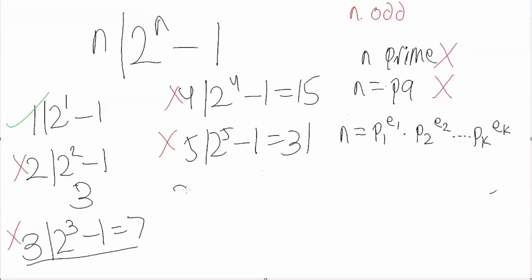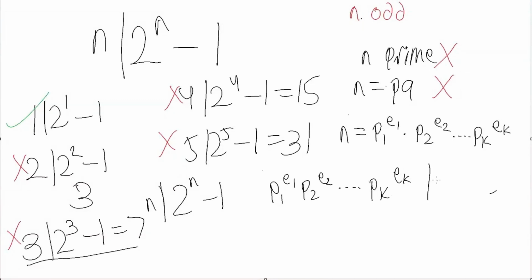Then we know that 2 to the n minus 1 is divisible by n, or p1 to the e1, p2 to the e2, and so on, pk to the ek divides 2 to the p1 to the e1, and so on, minus 1.